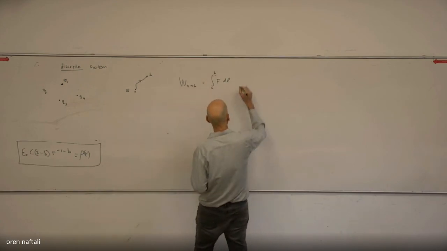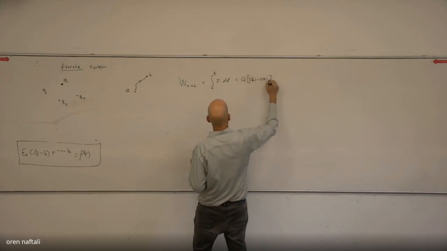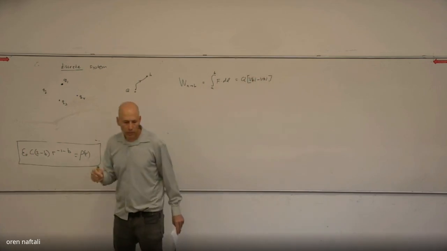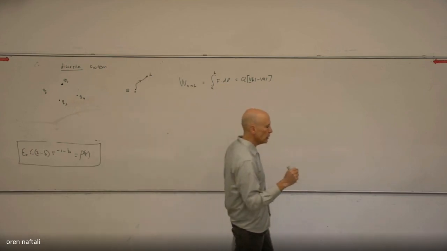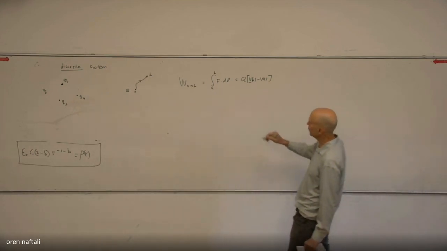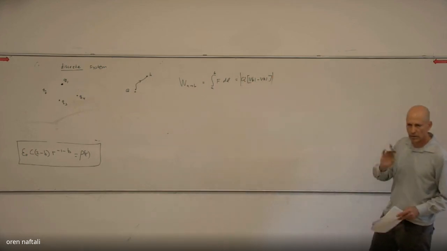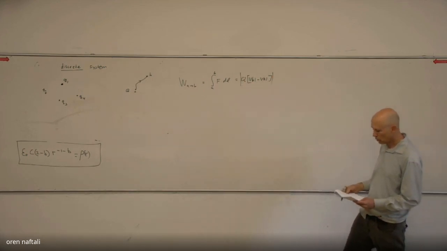And I'm going to write it as Q(VB minus VA), and there is a sign problem here that you need to think about, because is it the energy you invest or the energy you get? But I'm going to write this at this stage as absolute value, just to forget about there are different notations of if you put it in or you don't.